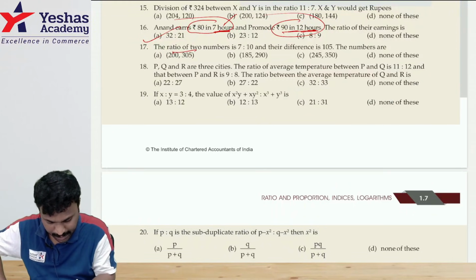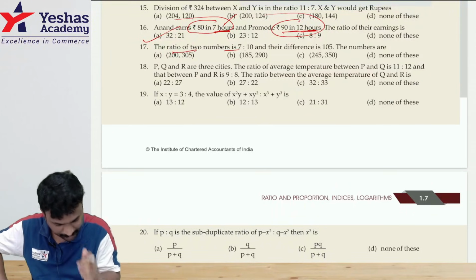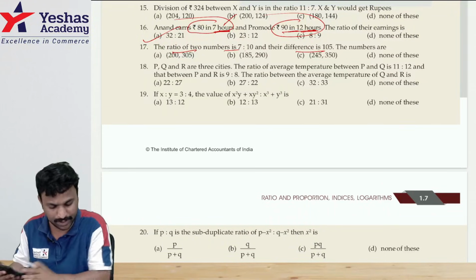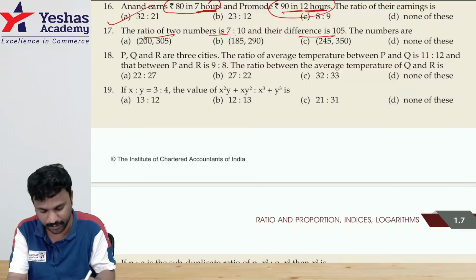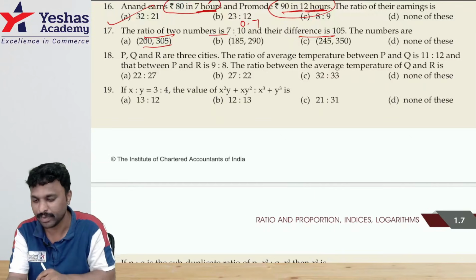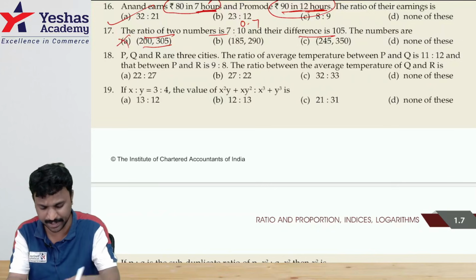What it says, the ratio of two numbers is 7:10 and their difference is 105. Guys, you can do this question by option hitting. First of all, 7:10 is 7 by 10, which is 0.7. Which option gives you 0.7 by dividing? 200 divided by 305. Definitely no. First condition itself is not satisfied. Next, 185 divided by 290.